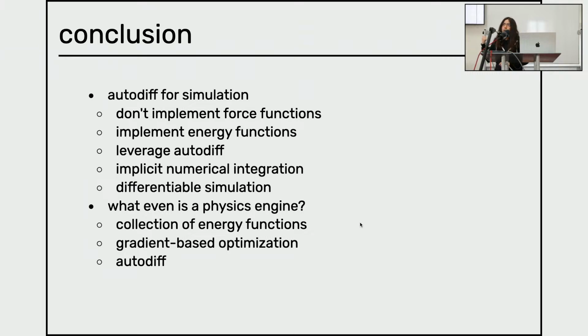I'm doing something similar here with this energy-based approach, where we have the Neo-Hookean triangle, the springs and friction and all these energy terms that are getting minimized. So it's just a collection of energy functions that happen to be minimized in a particular way with some gradient-based optimization method. And at the core of it is really automatic differentiation. So this might be an interesting way to look at simulation.